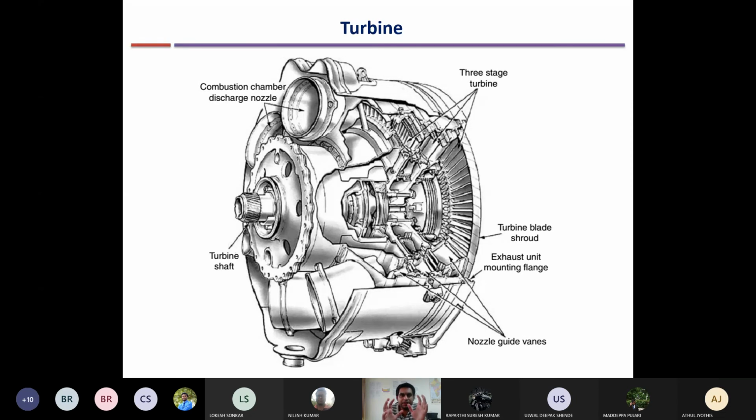If it was an impulse turbine, only the stators are like nozzles, only the fluid expands in the stators, and the blades just convert this kinetic energy to work output. But in aircraft engines, both the stator as well as the rotor blades act like nozzles. I will discuss these things in the next class. I'm just giving you an intro because few minutes are left.